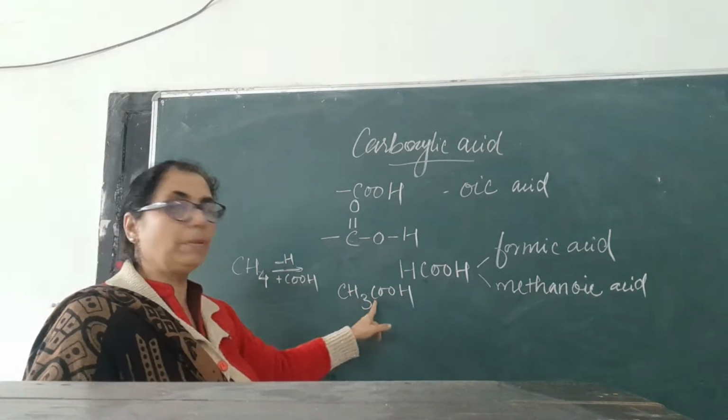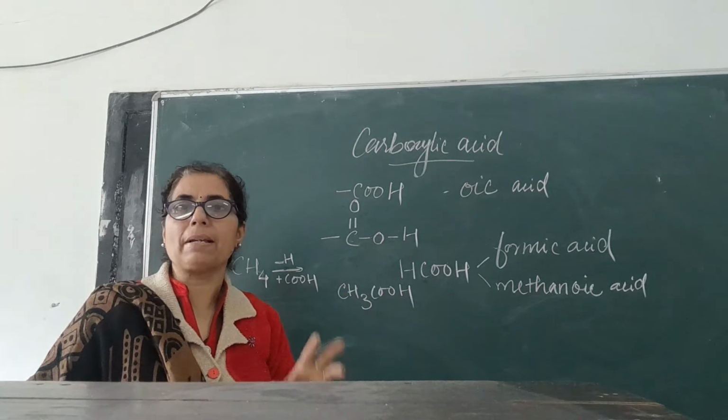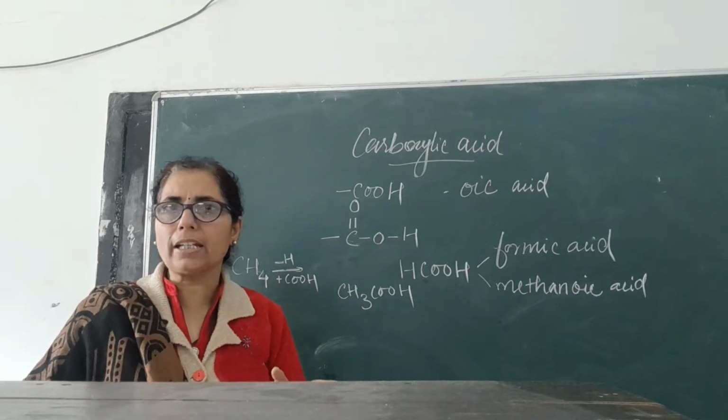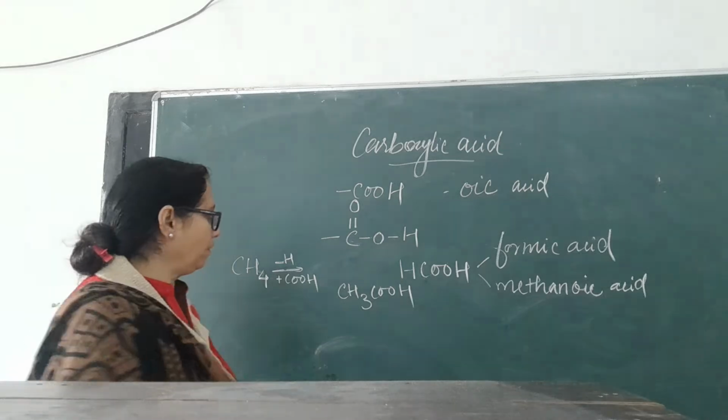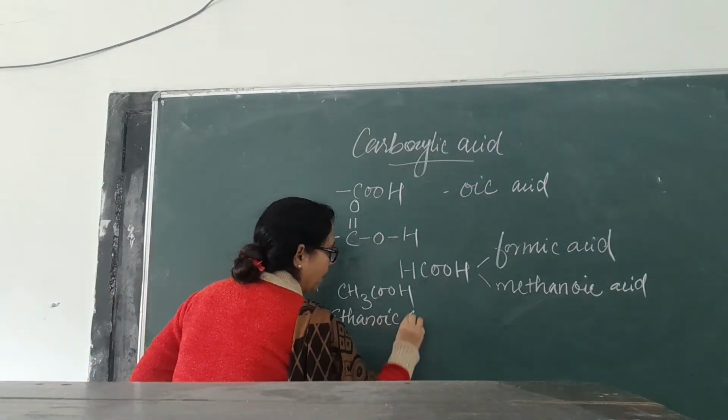Here you see there will be two carbons. For two carbons, we use ethane, removing the E of ethane and putting oic acid in it. We will write its name as ethanoic acid.